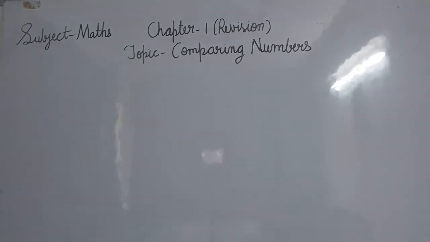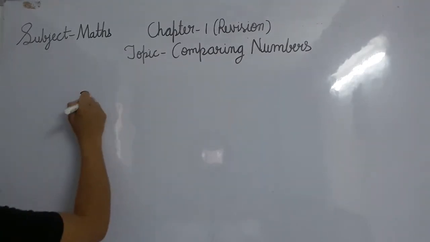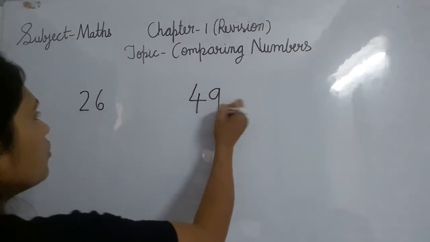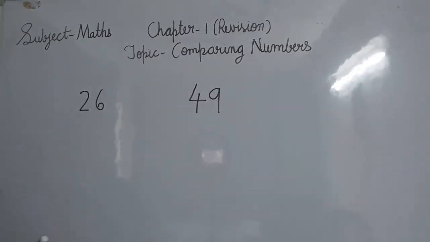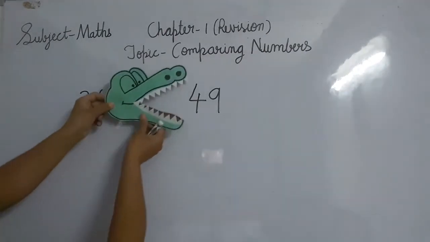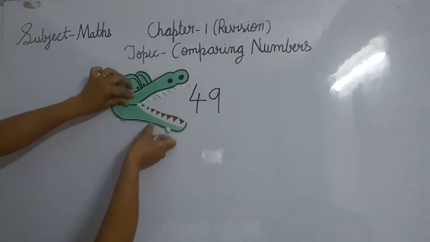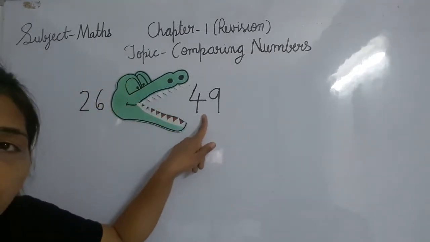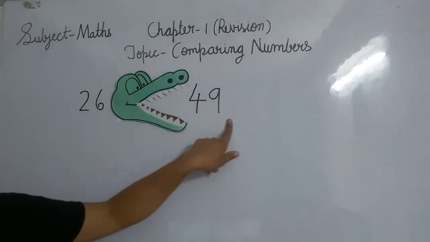So let's take one example. If I am writing 26 and 49, which is the bigger number here? This one is the bigger number. So this time the crocodile will eat this number because it loves to eat the greater number, and this is the bigger number, so it will eat 49.